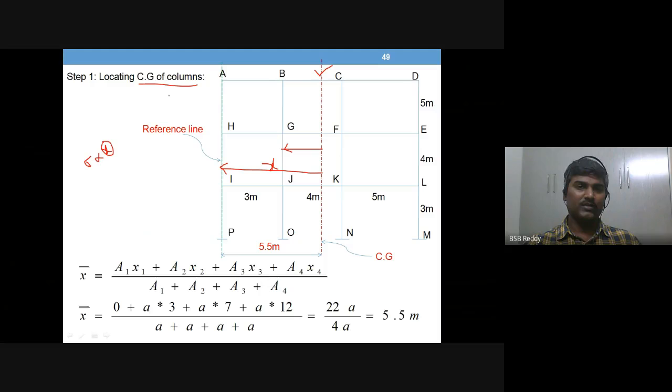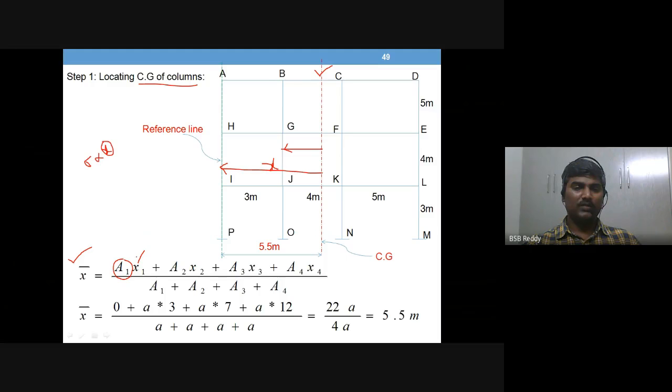So first locate the CG of the columns. That's very simple. Just recall your CG formula from your mechanics part. x bar is equal to a1 x1 plus a2 x2 plus a3 x3 and so on. We write this many number of terms. As you have four columns, you include four terms in the numerator and denominator. A1 means the cross-sectional area of column 1.